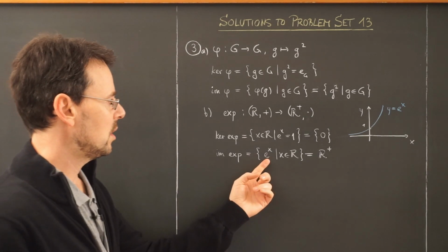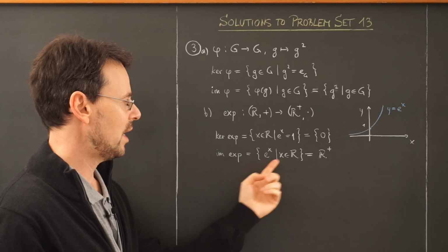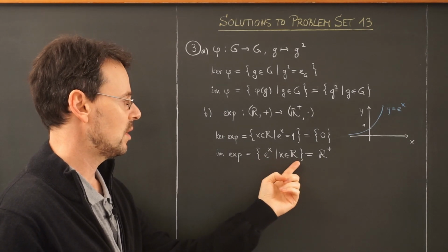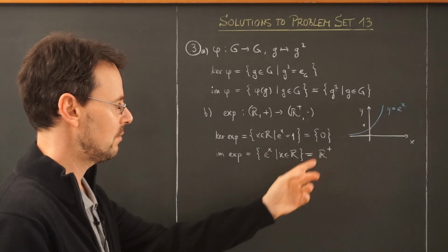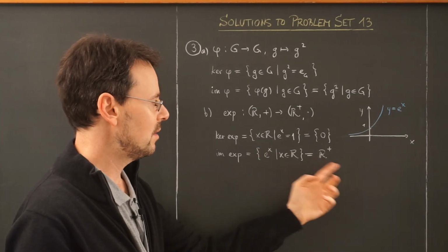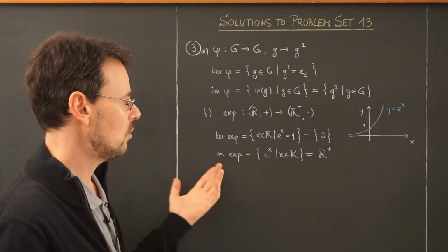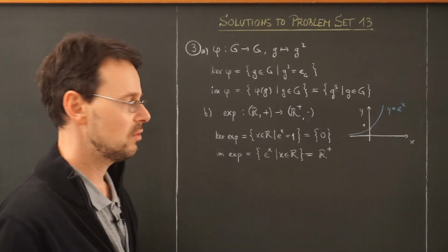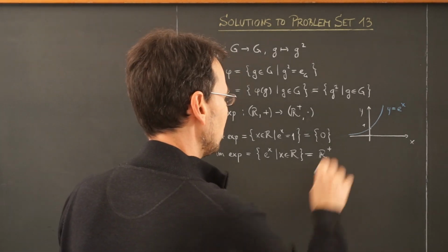The image is simply the set of all these guys here, e to the x, where x runs through the real numbers. And now we take this from analysis or calculus or whatever you want to call it, that this is indeed the whole codomain. So we have a surjective homomorphism. Of course, we're not going to prove this here. This is a course on abstract algebra.